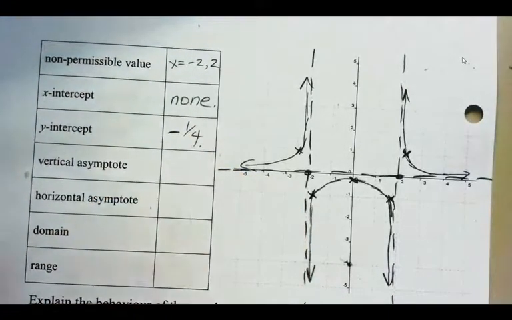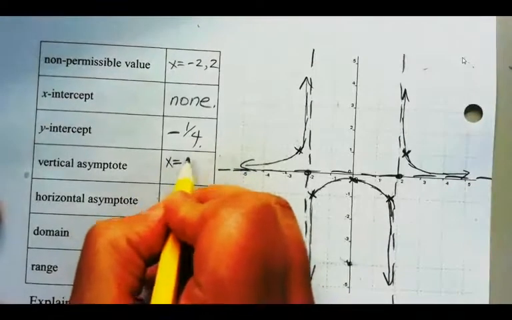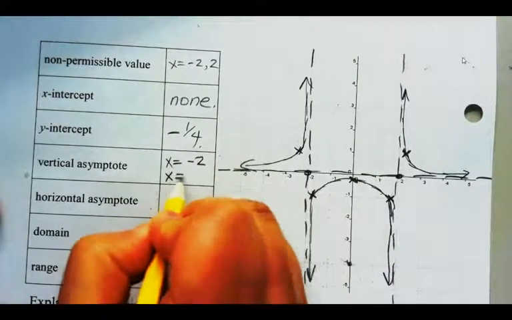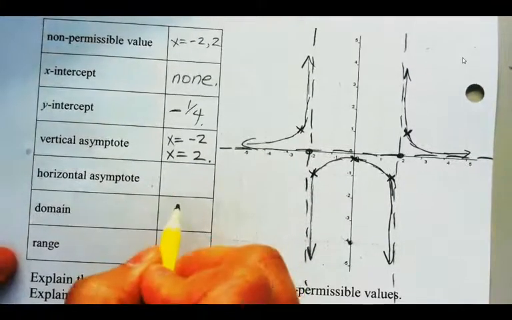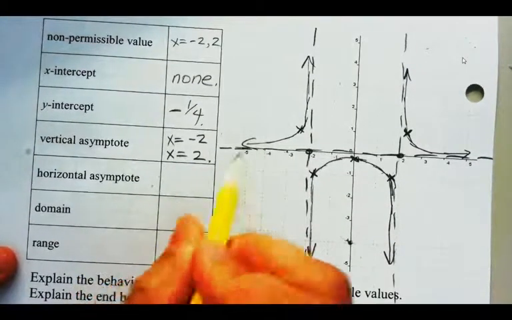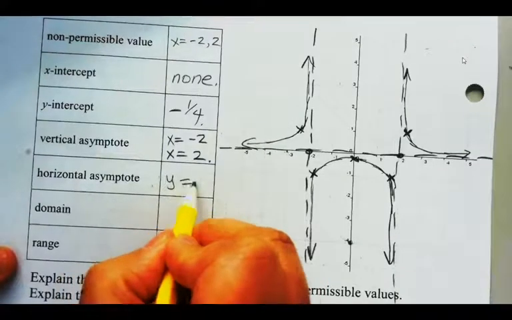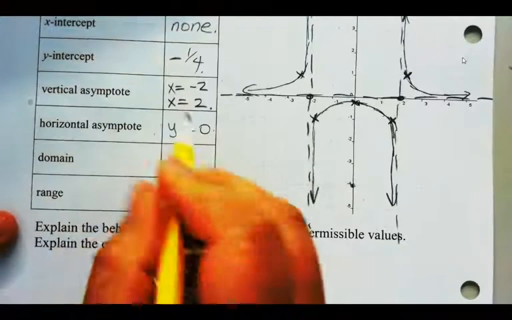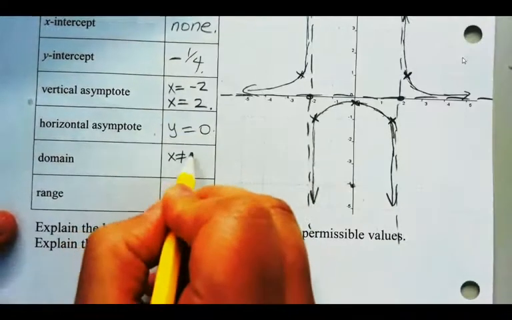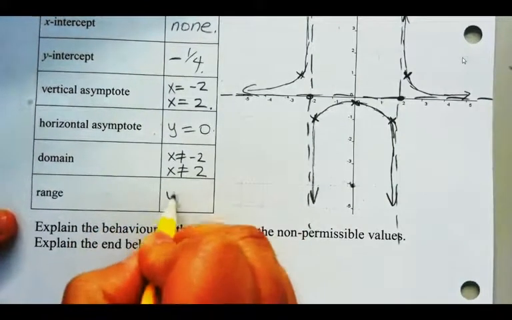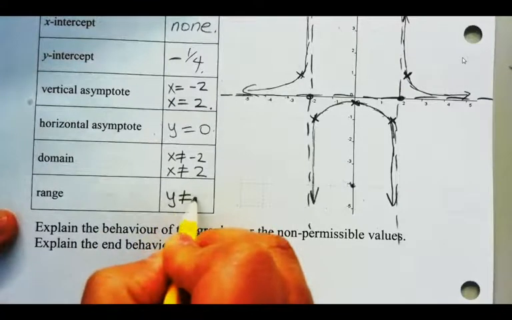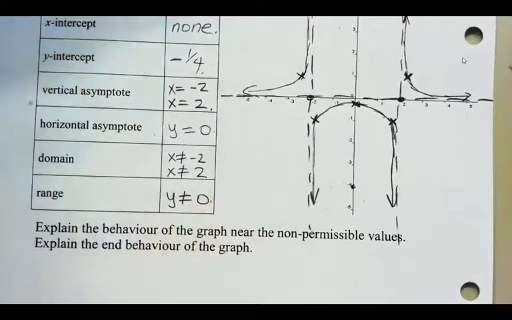How about my vertical asymptote? x equals -2, x equals 2. My horizontal asymptote? y equals 0. My domain? x cannot equal -2. x cannot equal 2. And my range is y cannot equal 0.